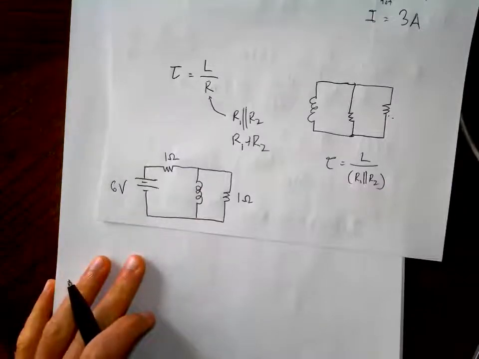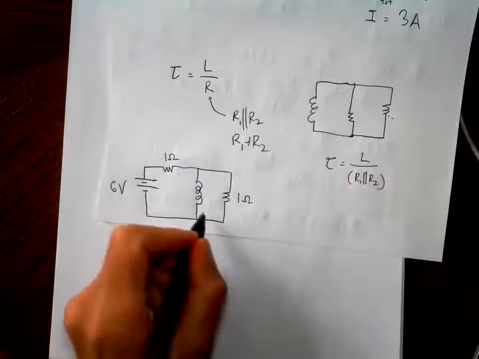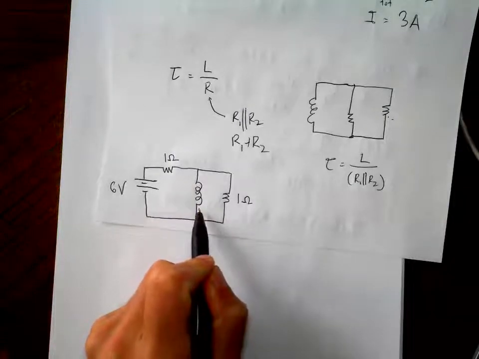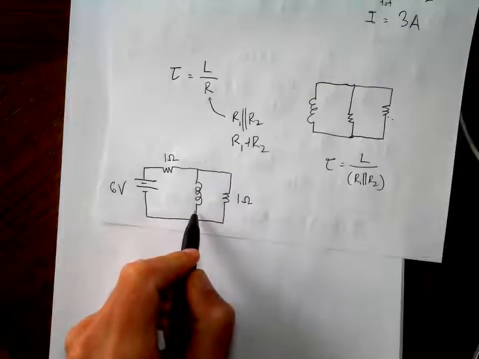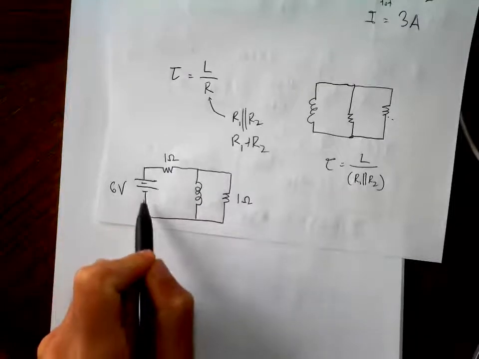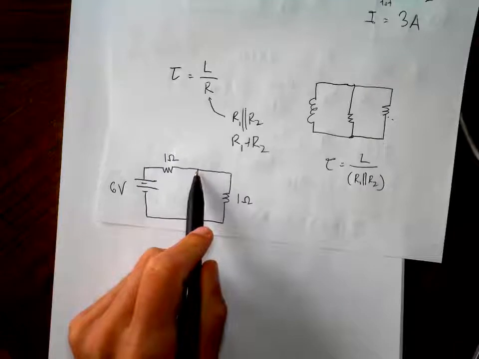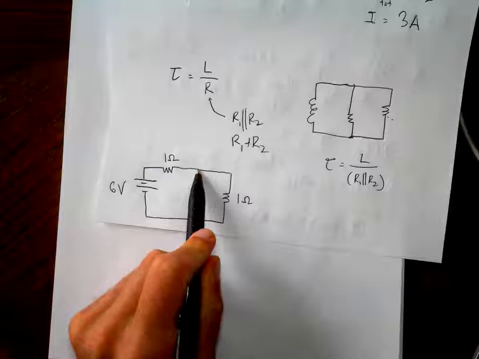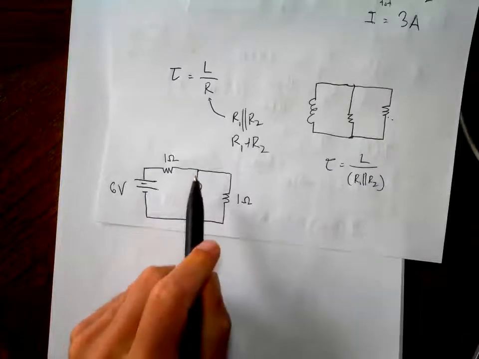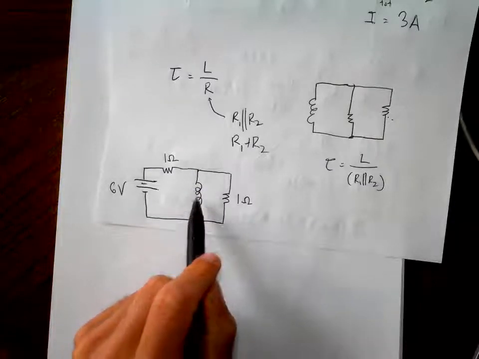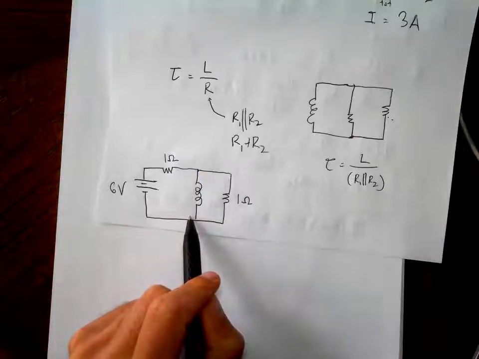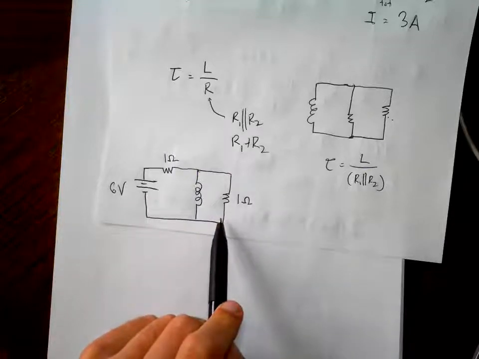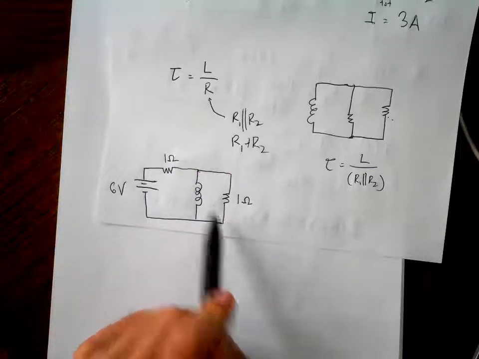Well, in this case, after a long time, the inductor will behave like a wire, just a wire with no resistance. So if you imagine current flowing out of the battery, it's going to hit this junction and all of it will choose to go through the inductor because the inductor has zero resistance after a long time. So none of it is going to go this way. All the current will go that way.